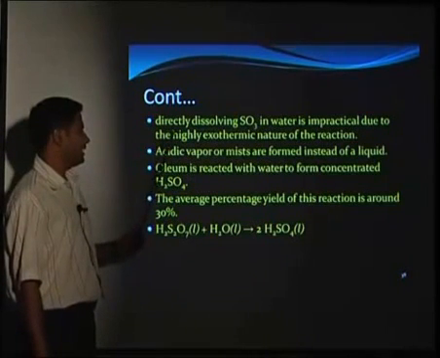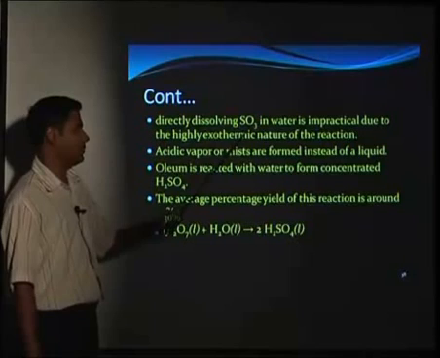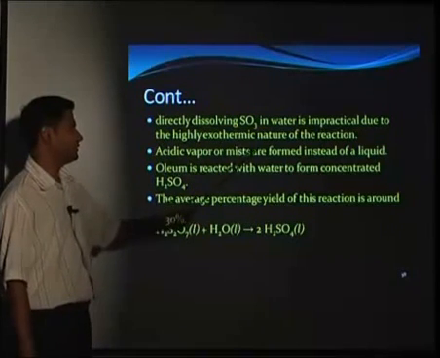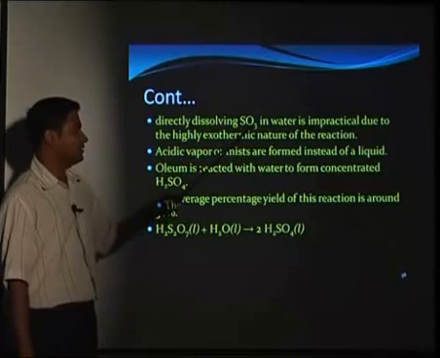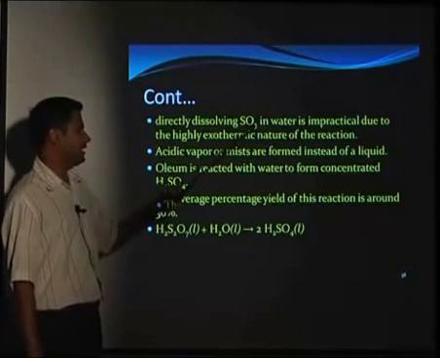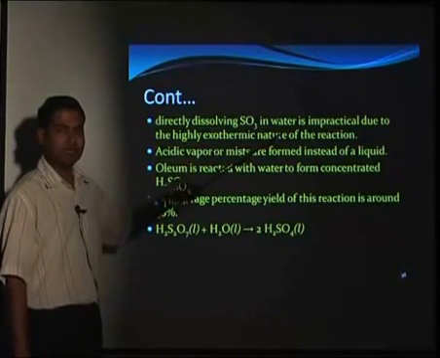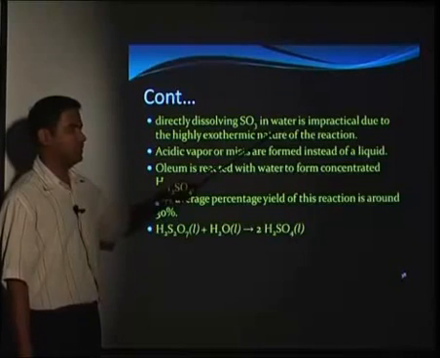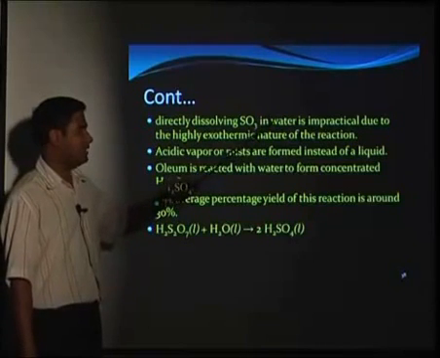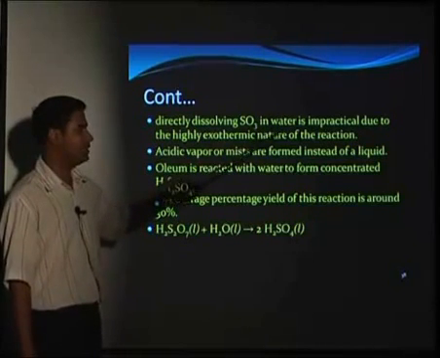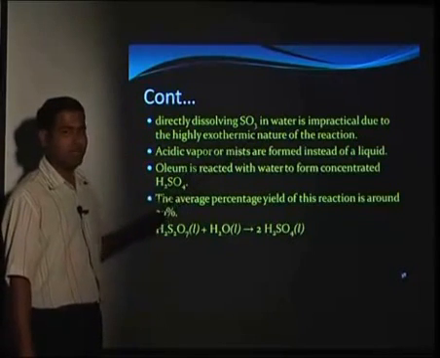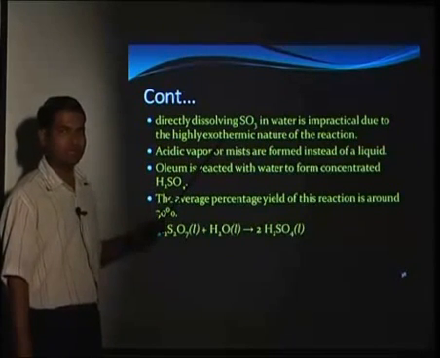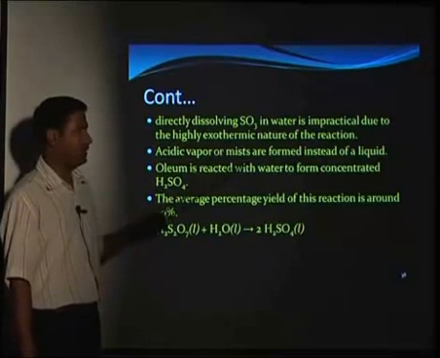So what is the problem here? Directly dissolving SO3 in water is impractical due to the highly exothermic nature of the reaction. We have seen that when SO3 reacts directly with water, being an exothermic reaction, it releases a tremendous amount of heat, and that heat will lead to vapor formation of water, and it becomes fumes. In the earlier picture of sulfuric acid, we saw the fumes coming.